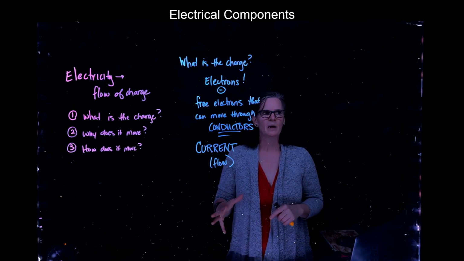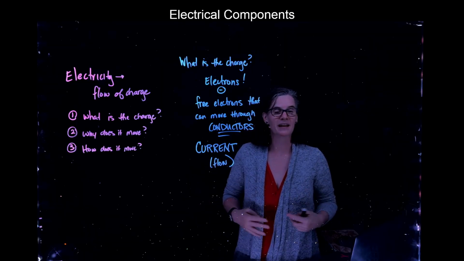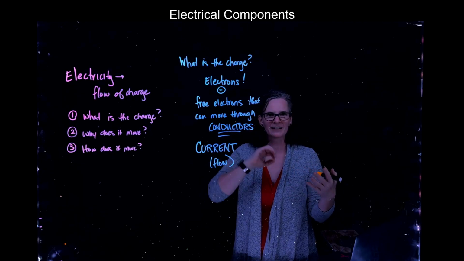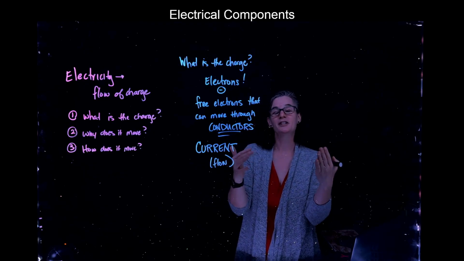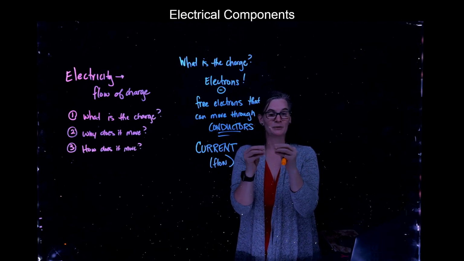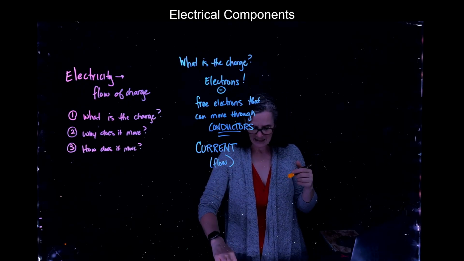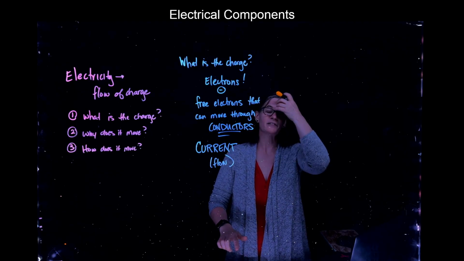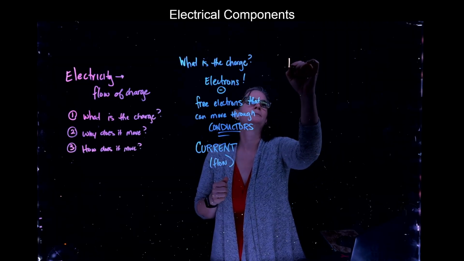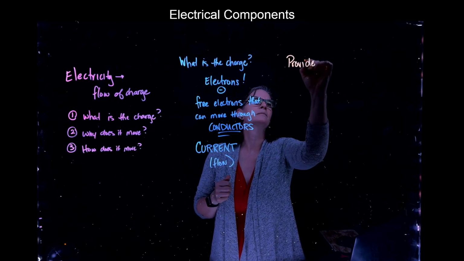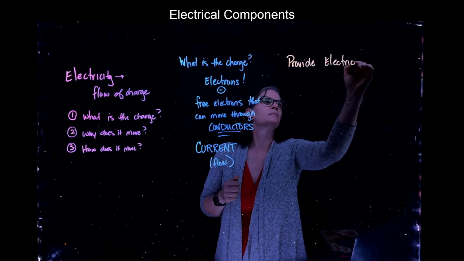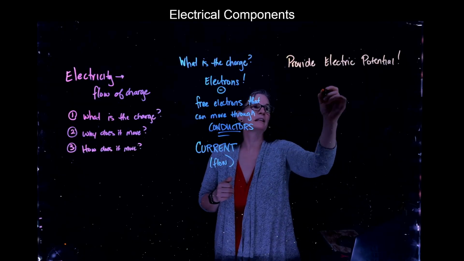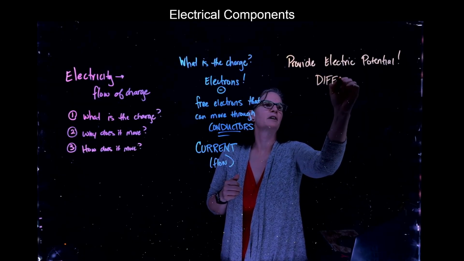Why does it move? Well, why do charges move? They feel a force. We learned that in static electricity. And that force can come from an electric field. And then we also learned that electric fields and electric potentials cause charges to move. They're related, right? And so in the case of electricity, what we provide is an electric potential, and more specifically, the electric potential difference.